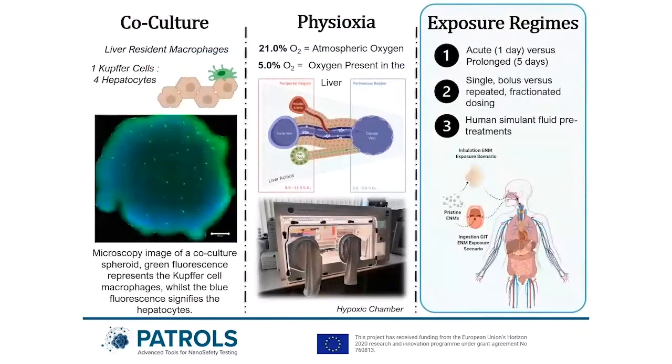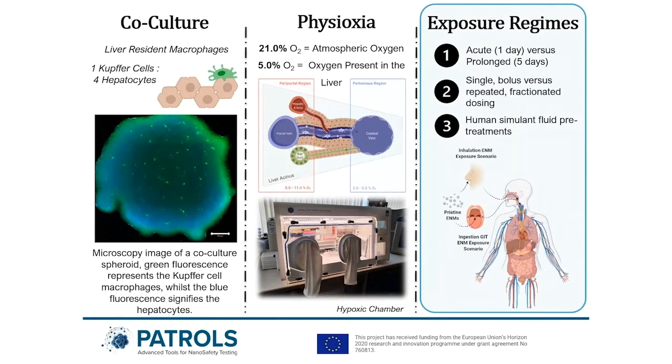This final slide just highlights the development process undertaken for enhancing the physiological relevance of the 3D liver models from the baseline HepG2 model described in the previous slides to where we finished the PATROLS project. Initial progression involved enhancing the model itself to include the addition of secondary cell types.